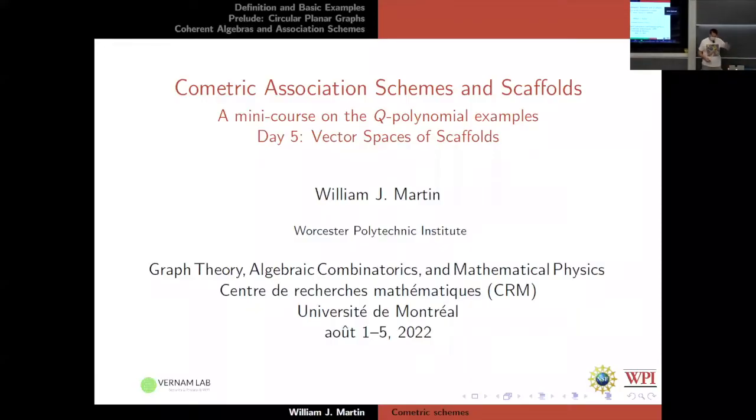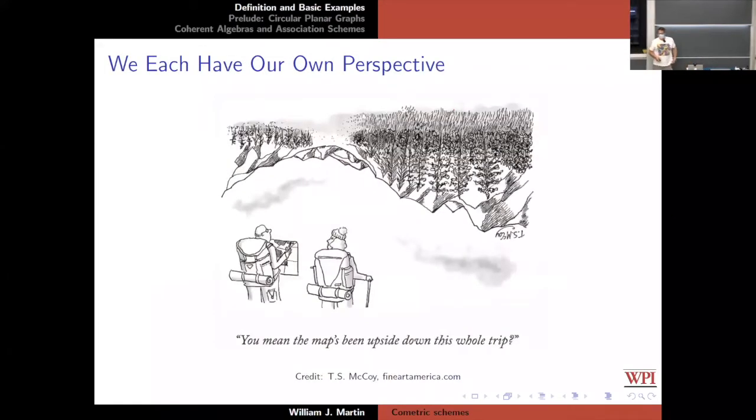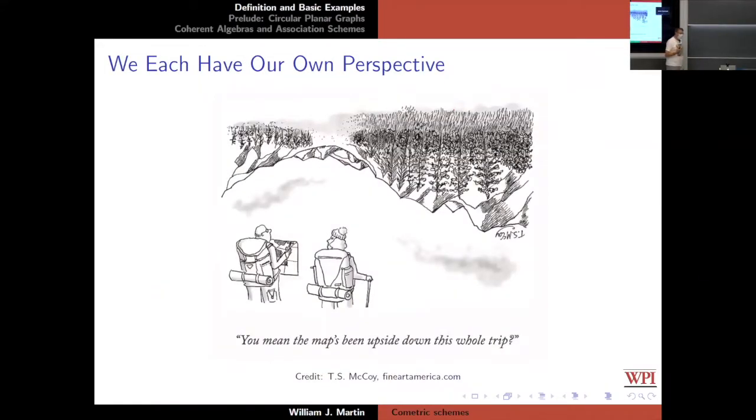Thanks very much. My goal this week has been to show you how I view this whole thing, trying to understand the cometric property and focusing on cometric association schemes that aren't metric, and to try to understand these Q-polynomial schemes. There are these beautiful examples that I tried to start the week with.